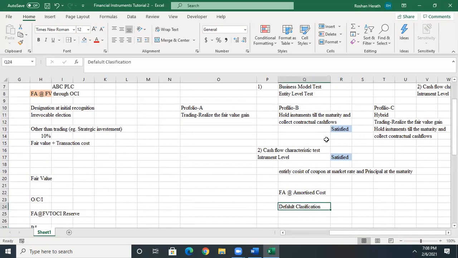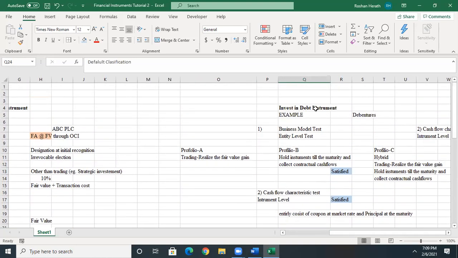So then let's talk about the other instances. What if your business model is that you are investing in a debt instrument, but you have the intention of trading? If your intention is trading, then the business model test fails.